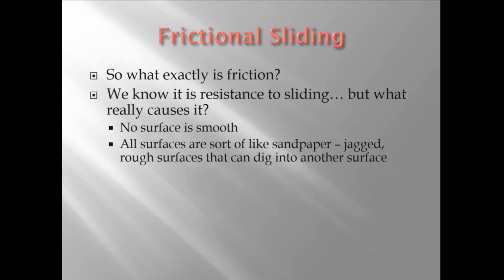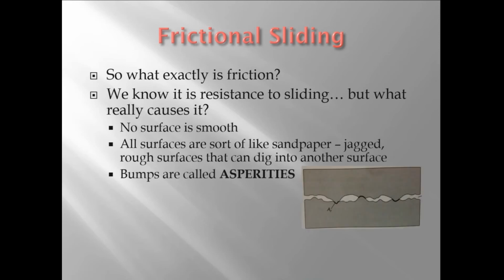Basically, there is no surface on Earth that is smooth. Even the thin sections that get sent off and polished super nice, or glass that's polished up for mirrors and stuff, isn't truly smooth. Every surface is jagged. The little bumps on it are called asperities. I think you've seen this picture at least in the textbook, if not in lecture.